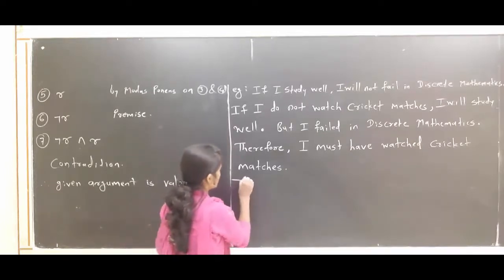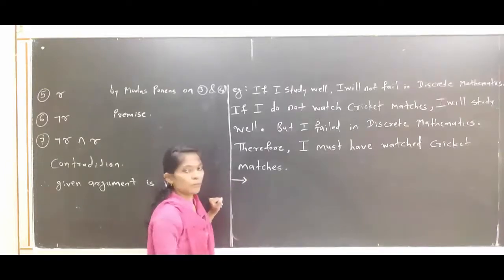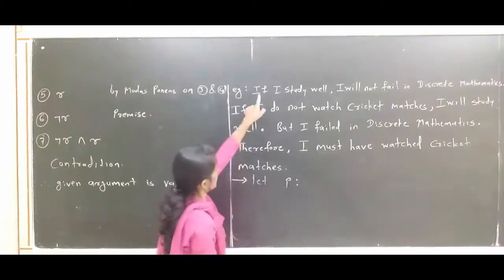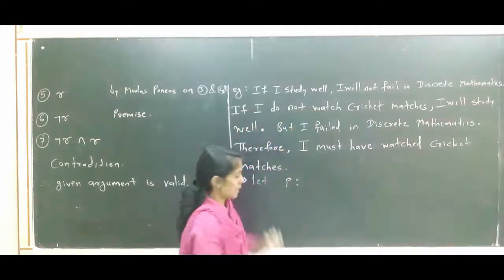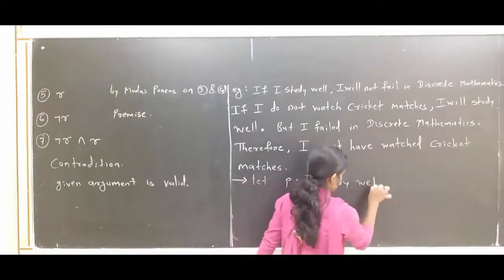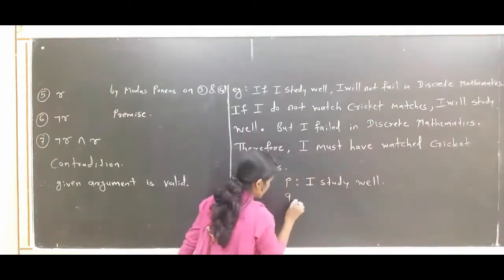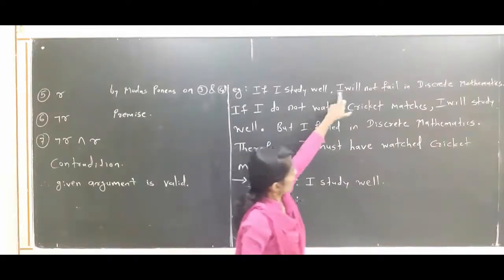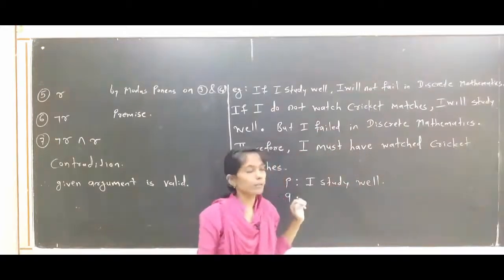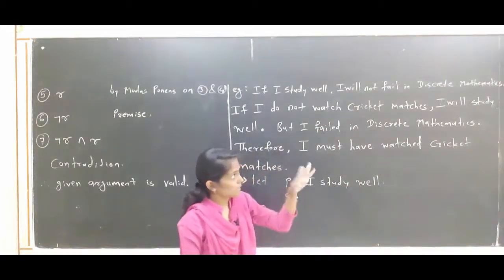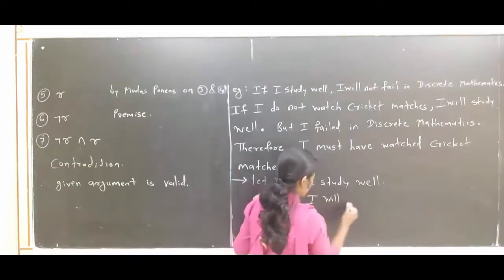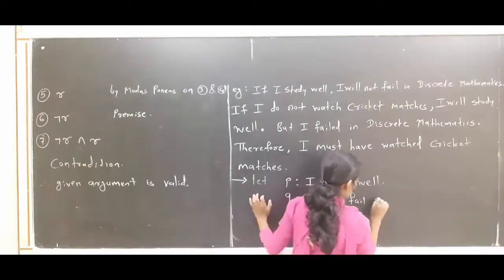First of all, write down the propositions. Let P denote I study well. Now we take the next proposition, I will not fail in discrete mathematics. So we take the proposition Q: I will fail in discrete mathematics.